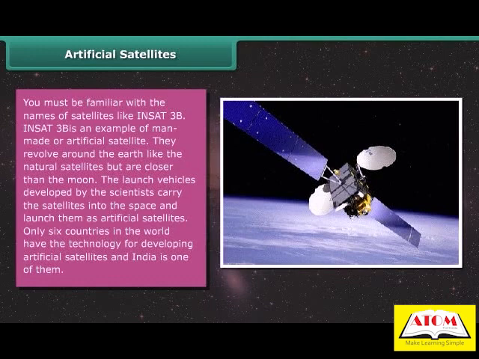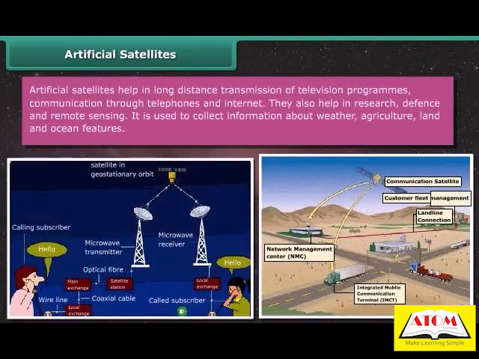Only 6 countries in the world have the technology for developing artificial satellites, and India is one of them. Artificial satellites help in long-distance transmission of television programs, communication through telephones and internet. They also help in research, defense, and remote sensing. It is used to collect information about weather, agriculture, land, and ocean features.